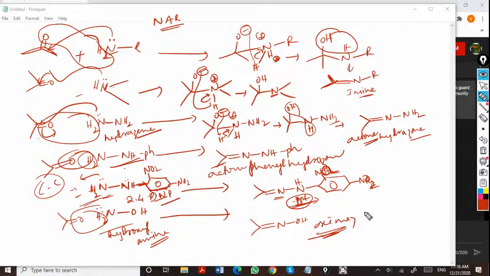So these are the nucleophilic addition reactions based on the carbonyl and the nitrogen. You might have studied them in carbonyl compounds, but I have repeated them. The thing is, whatever perfection you are going to attain is what matters.